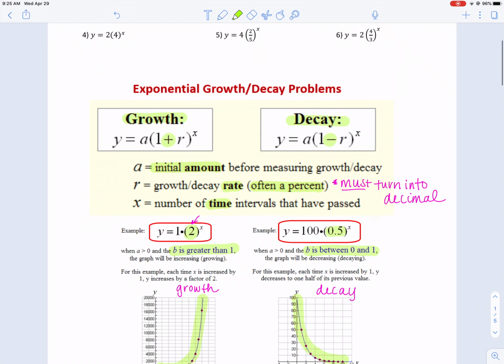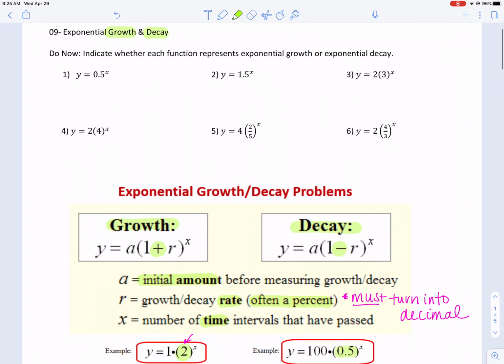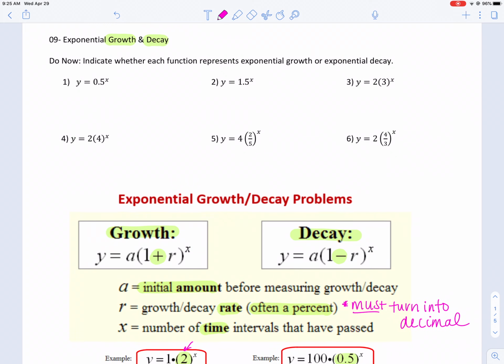Okay, so when you come back up here, I want you to now look at the bases. Okay, so what's a base? Remember, how are you going to figure this out? Look at the base. Okay, so if the base is greater than 1, it's growth.